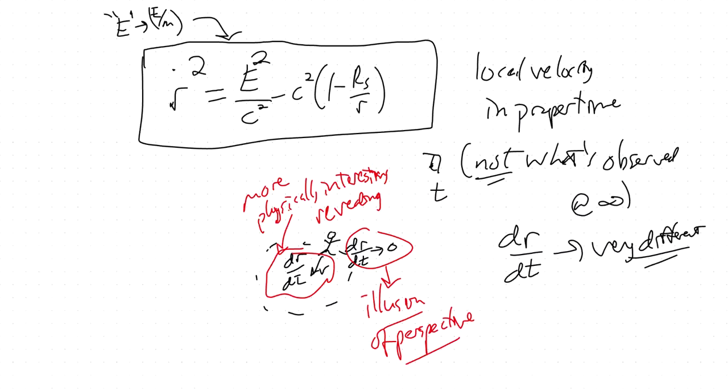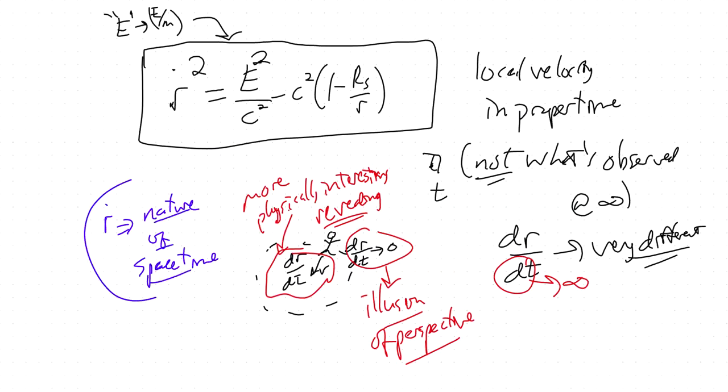What ends up happening is that this goes to infinity, so dr dt goes to zero, but dr d tau doesn't. And dr d tau does something fantastically interesting, which reveals the nature of the space-time itself. So r dot reveals the nature of the space-time, not the nature of perspective. Does that make sense? Which is why I think we're going to focus on this.